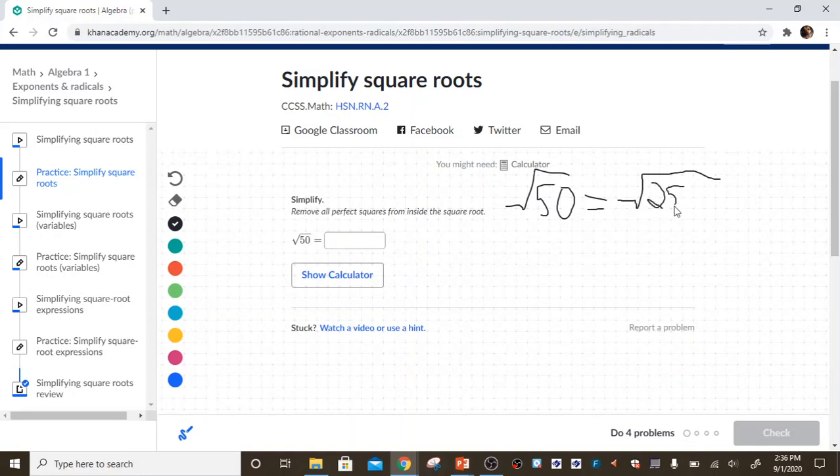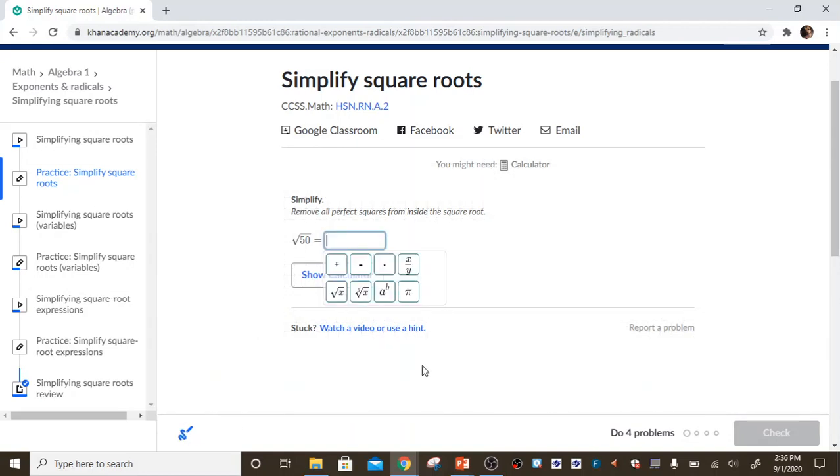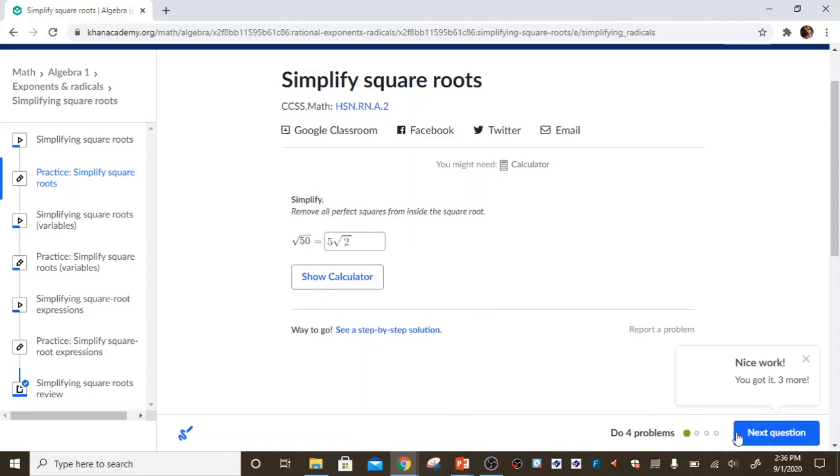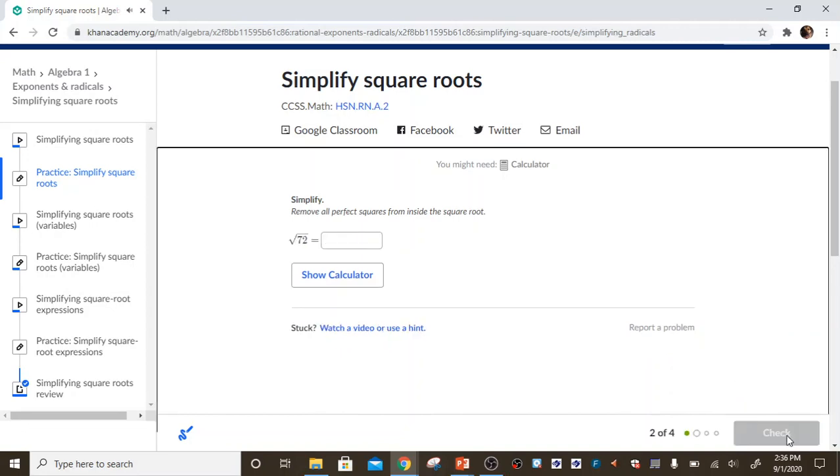So I've got 25 times 2, and 25 is the same as 5 squared. When I'm taking the square root of a square, I can say that's 5. Square root of 25 is 5. And then the root 2 we can't do anything with, so we can say 5 root 2. We'll put that in as the answer, 5 square root of 2, hit check, and hey, we got it right. Let's do one more.